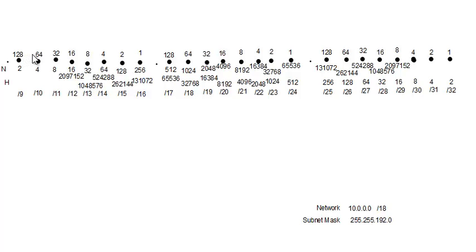So 128 plus 64 is 192, plus 32 is 224. So if I put my line here, then my subnet mask would be 255.224 because whatever these are added up together.